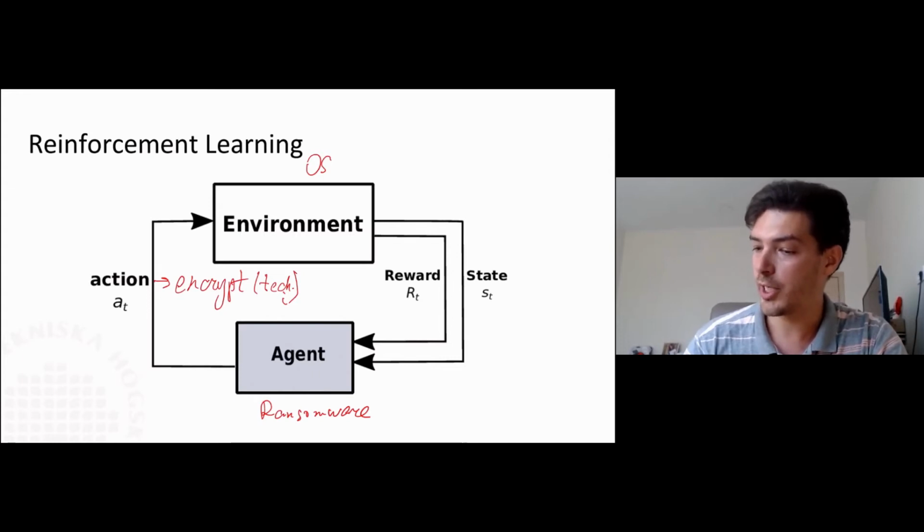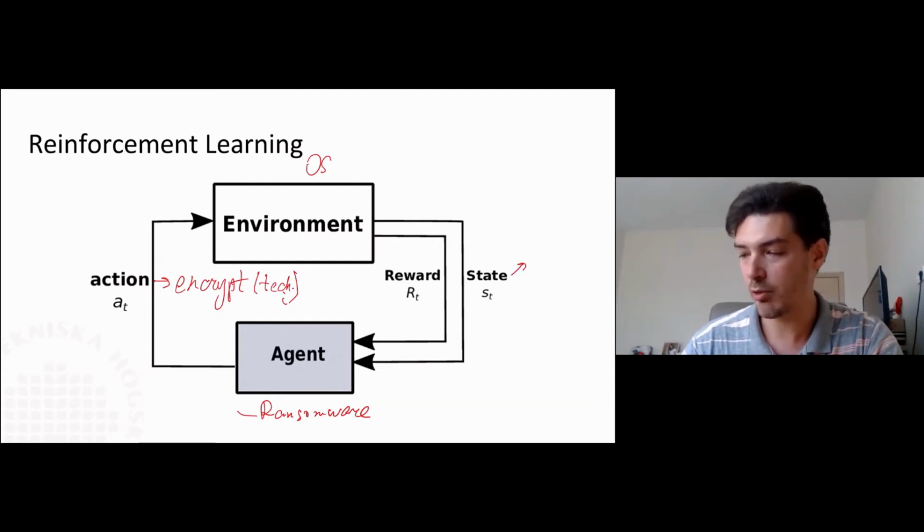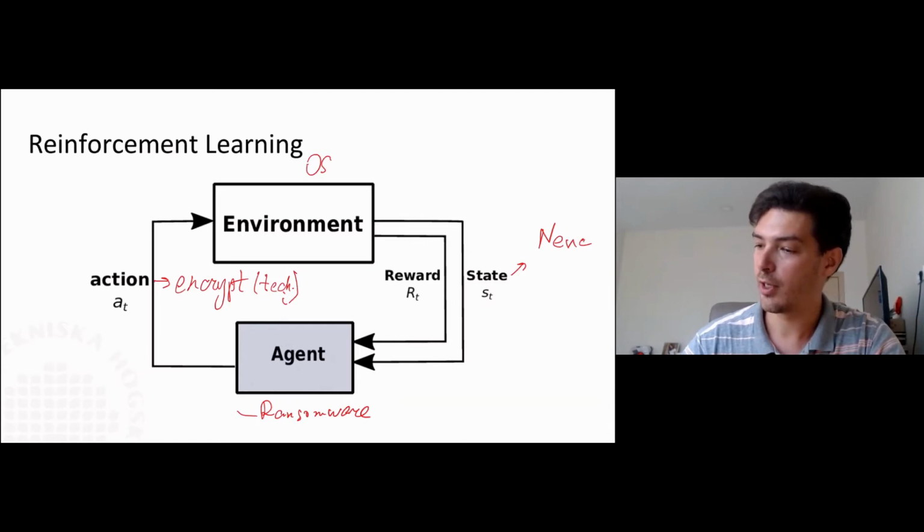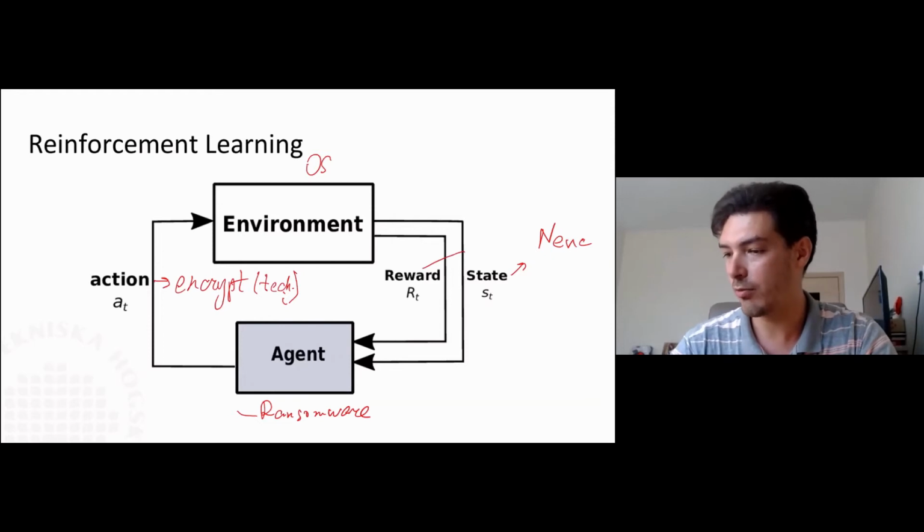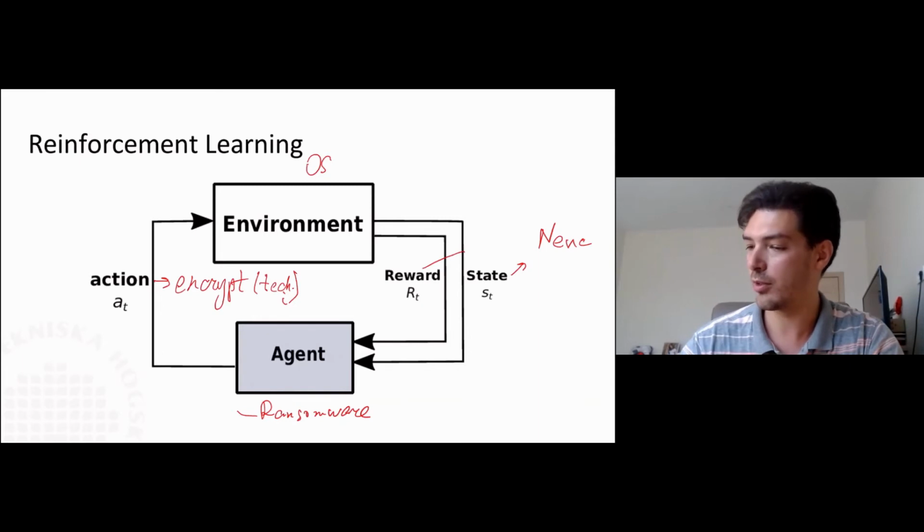Then after we execute the ransomware, and it tries to encrypt files in the folder in our operating system, we can evaluate the next state of this environment. This state can be evaluated, in our case, by the number of encrypted files. Let's denote it as enc. And the reward will be some numerical evaluation of how good, how successful the action was.